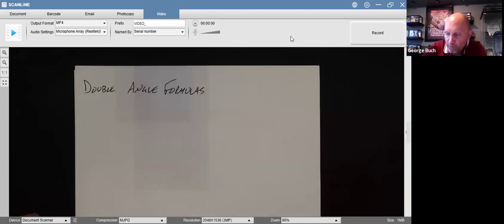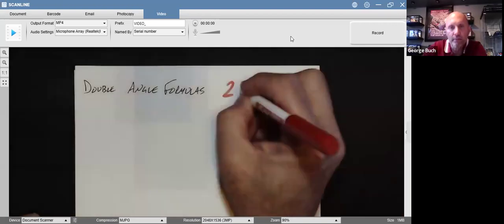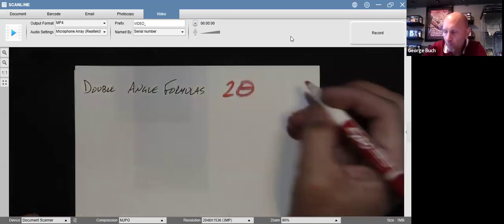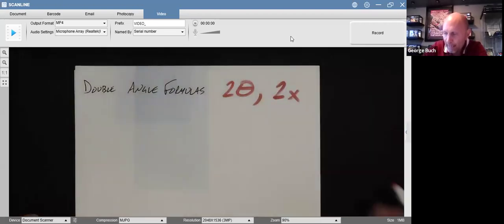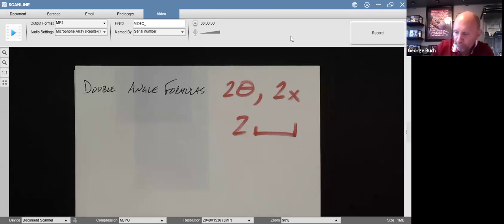You're always going to see something like 2 theta or 2x or 2 anything. When you see cosine of 2x, cosine of 2 theta, cosine of 2 alpha, cosine of 2 beta, anything like that, where you have a 2 right after the trig function, that's your double angles.